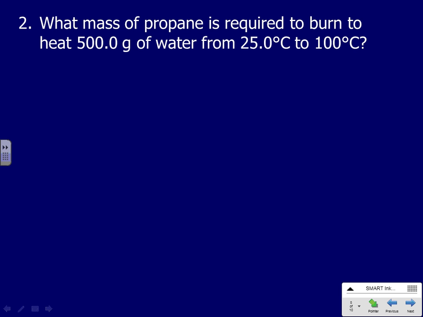So we're burning some propane, and we want to heat some water from 25 degrees Celsius to 100. We're not boiling it, we're just getting it to 100. In this question, again, I've got 2 parts. Because if I'm heating water, what am I going to need?